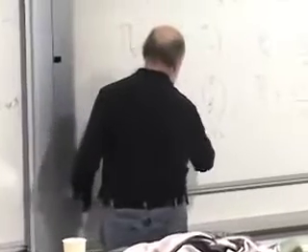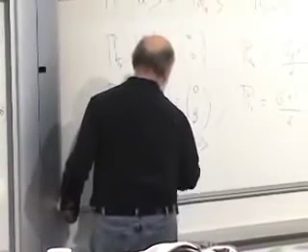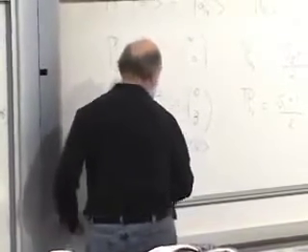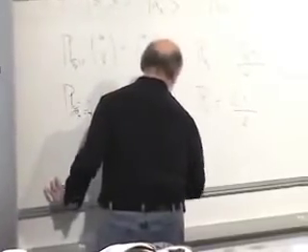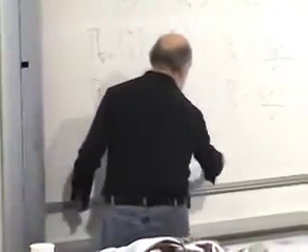You call it P. The expectation value of the projection operator is the probability for that thing. Probability for alpha. Let's just check that for a simple case.